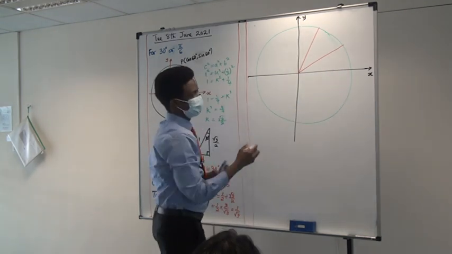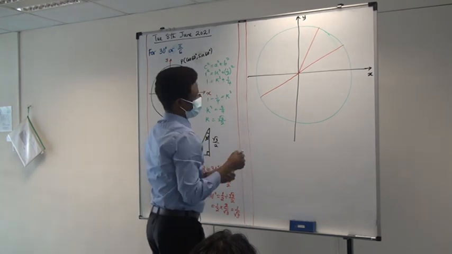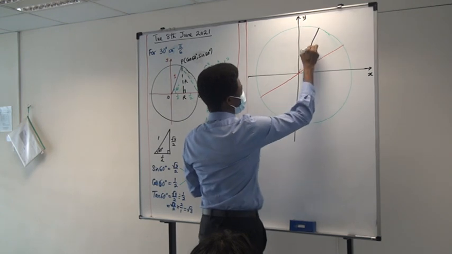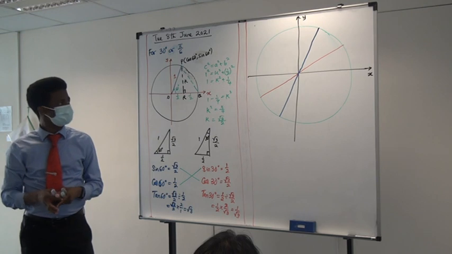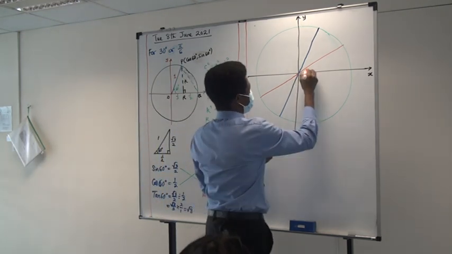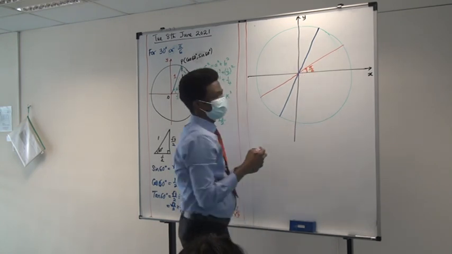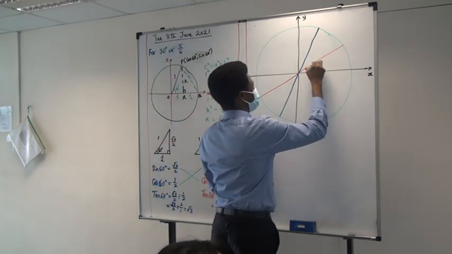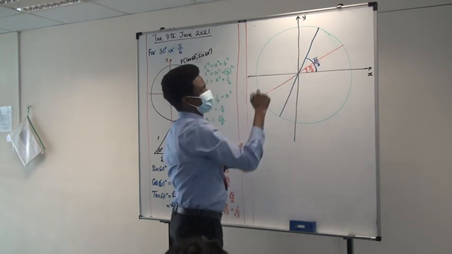So, the extension of this will come this way. Maybe I use a different color for that. Then the extension of this comes this way. Now, this angle is 30 degrees, and 30 means pi over 6. The other angle is 60 degrees, and 60 degrees means pi over 3. Of course, this is pi over 2.